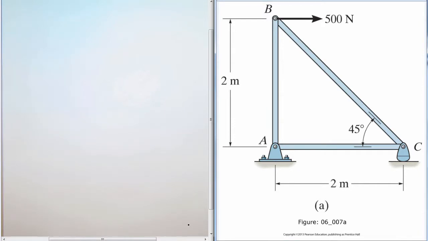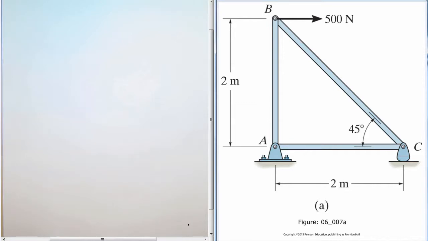We will now look at an example, and we have a simple truss here, and we want to find the force in every member. So we want to find out if each member is in tension or compression, and then what the magnitude is. In order to do this, we want to start with a joint.